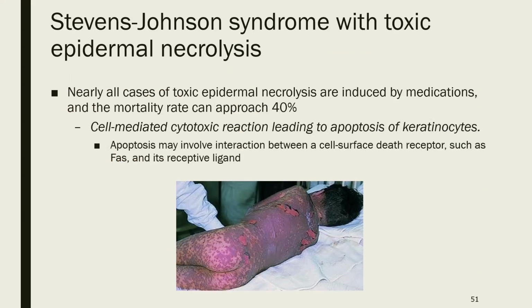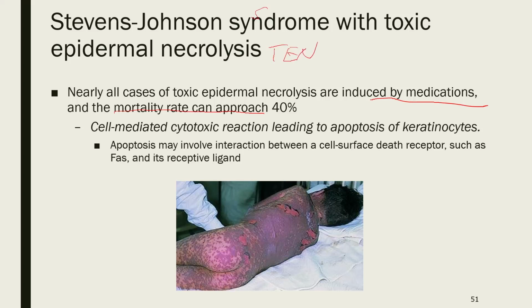Alright, so we're going to talk about one of the most serious types of skin reactions that commonly result from medications, and they could be very fatal. This type of allergy is named Stevens-Johnson syndrome. This usually refers to a somewhat milder form of this allergic attack, and toxic epidermal necrolysis, or TEN.